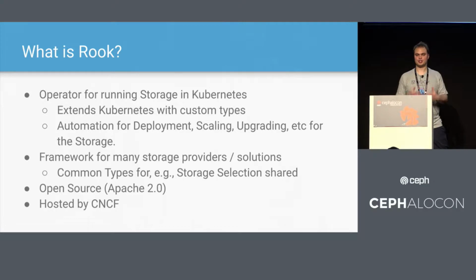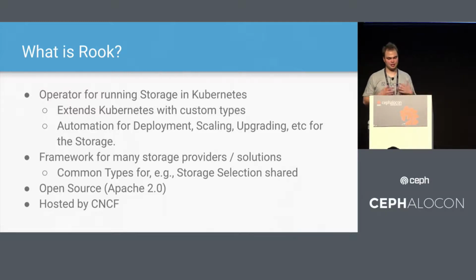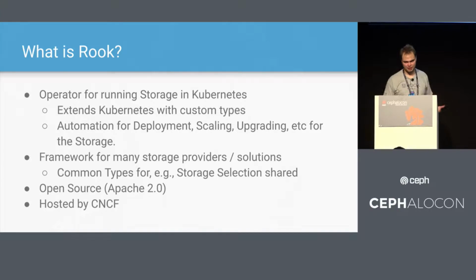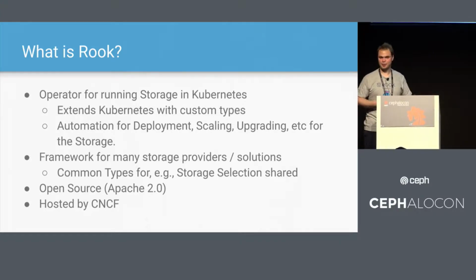So Rook in itself is not only about running big storage software like Ceph. It's in general about providing a persistence layer. But as we are at Cephalocon, Ceph is the most interesting part here.